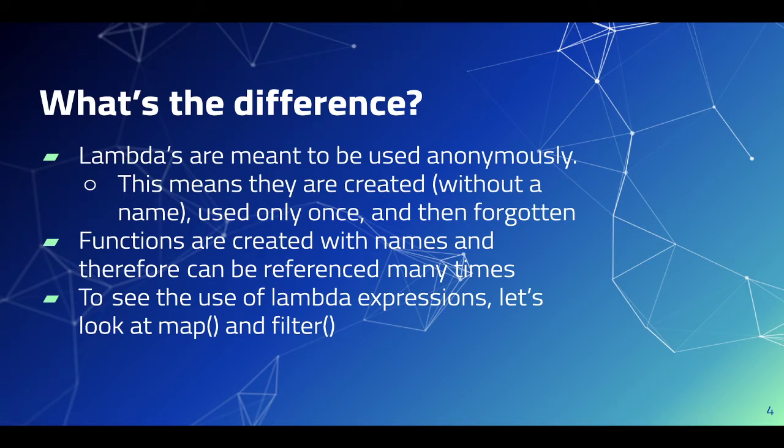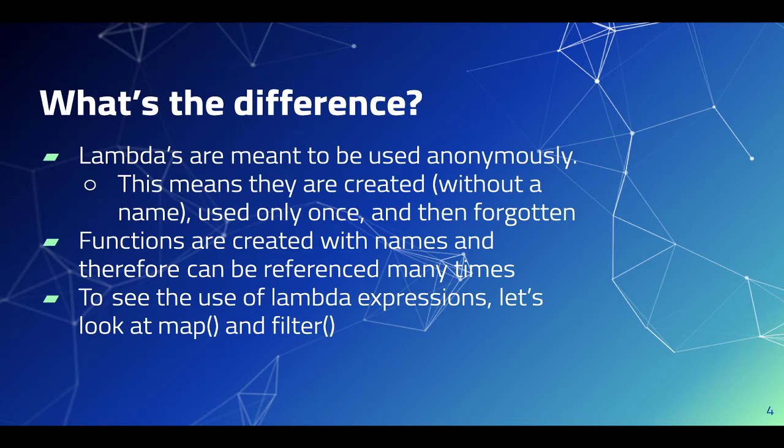Okay, so you might be wondering, what's the difference between a lambda function and normal functions? Why do I have to use this weird syntax with my lambda function when I'm so used to the def function name parameter syntax, right? But there's actually a pretty big difference. Lambda functions are meant to be anonymous. So they're meant to be used anonymously. And you might be saying, what is that?